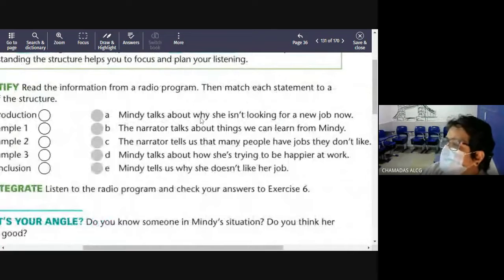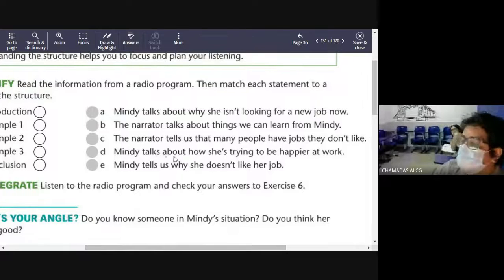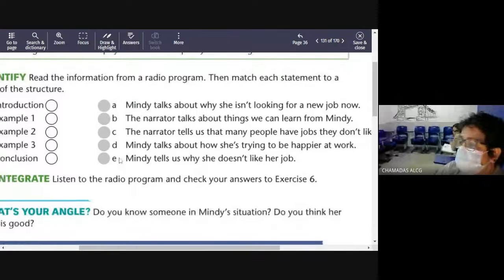Mindy talks about why she isn't looking for a new job now. Letter B. The narrator talks about things we can learn from Mindy. C. The narrator tells us that many people have jobs they don't like. Letter D. Mindy talks about how she's trying to be happier at work. And finally, letter E. Mindy tells us why she doesn't like her job.